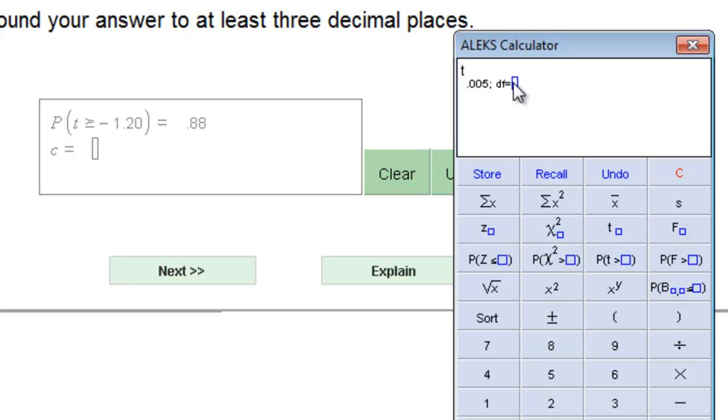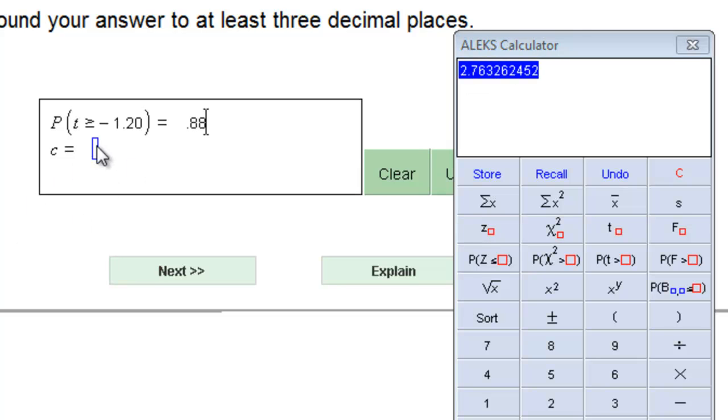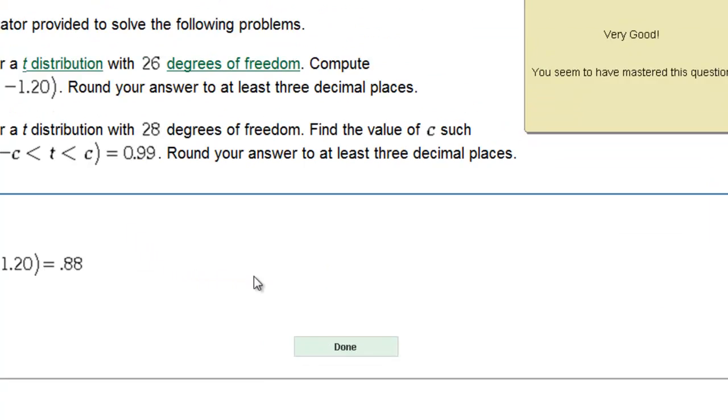And the degrees of freedom are 28. And when I hit enter, I get 2.763. And that's my answer. That's how it's done.